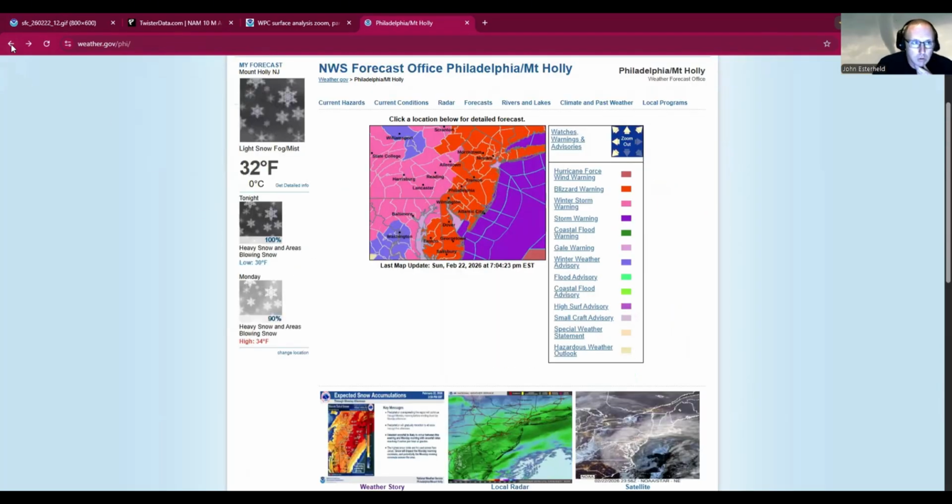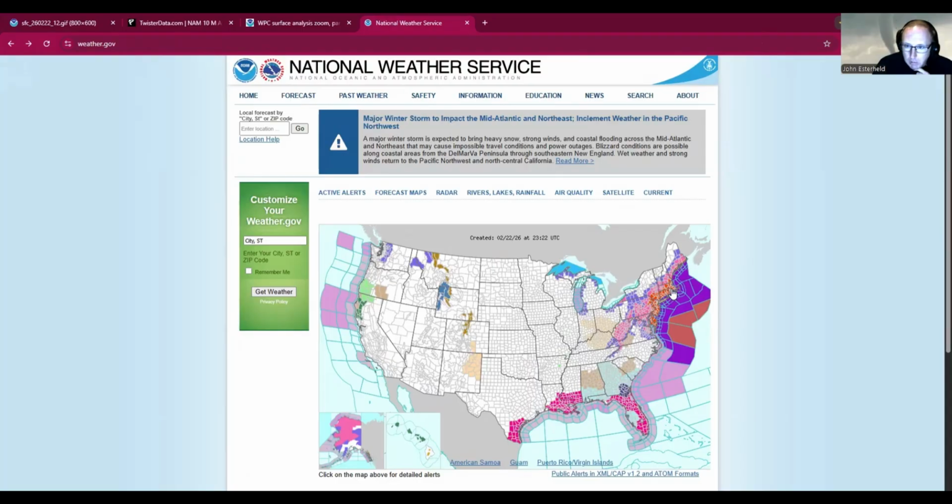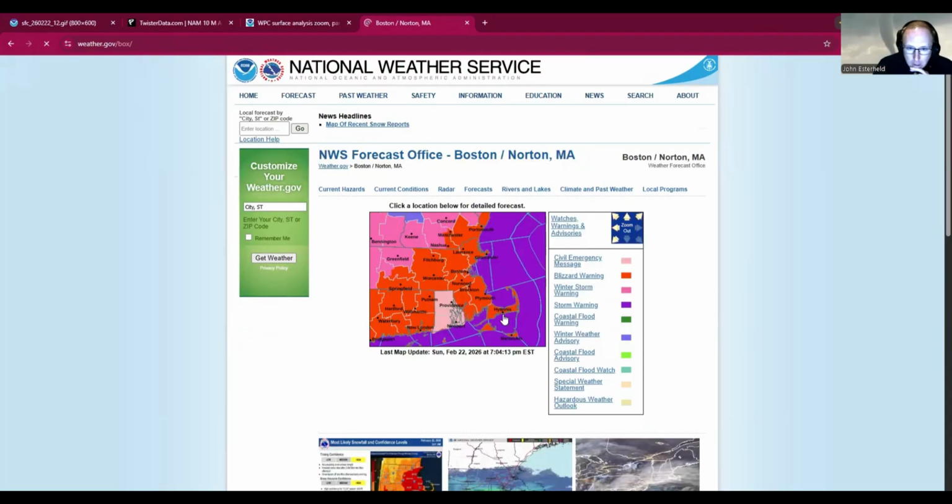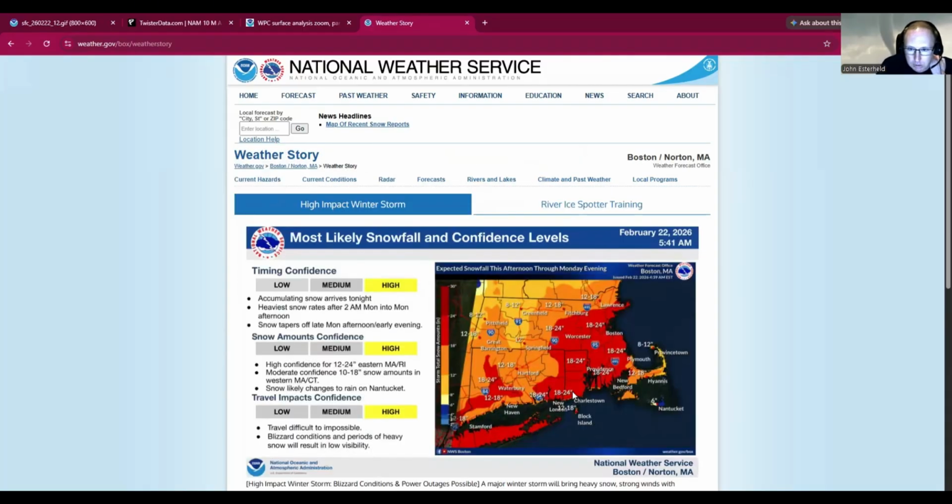Similarly, we'll go up to New England and see what they're forecasting up here. You can see they have a civil emergency message for the whole state of Rhode Island. We'll take a look at that in a little bit and see what that's all about. But I want to look at the snow forecast. You can see 18 to 24 common throughout southern New England, from Boston down to the southeast portion of Massachusetts.